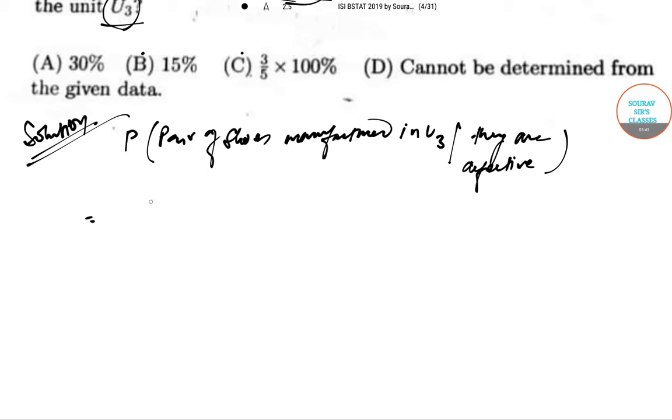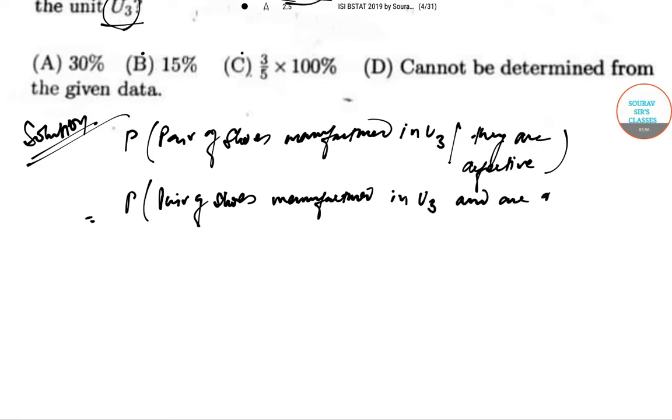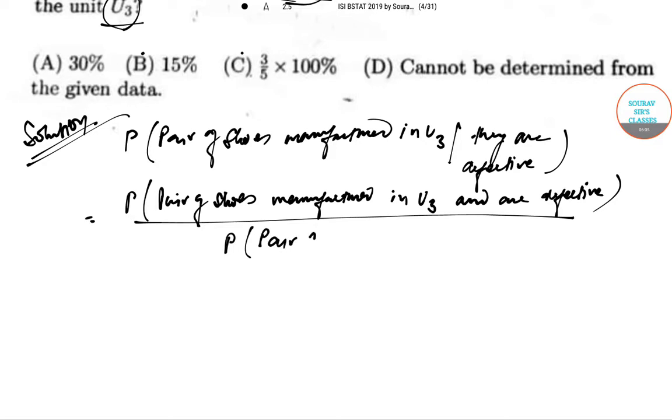It can be written as P of a pair of shoes manufactured in U3 and defective, divided by P of a pair of shoes being defective.